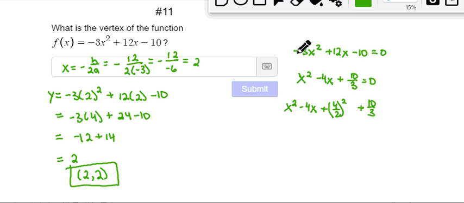Since we added 4 divided by 2 squared on this side, we need to subtract it over here. So minus 4 divided by 2 squared equals 0. So over here, this is going to give us x squared minus 4x, 4 divided by 2, 2 squared is 4, so plus 4, plus 10 thirds minus 4.